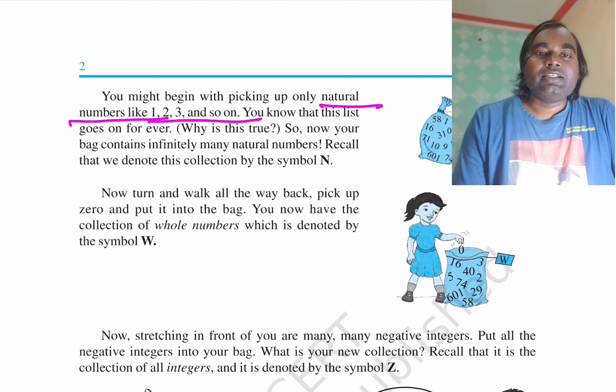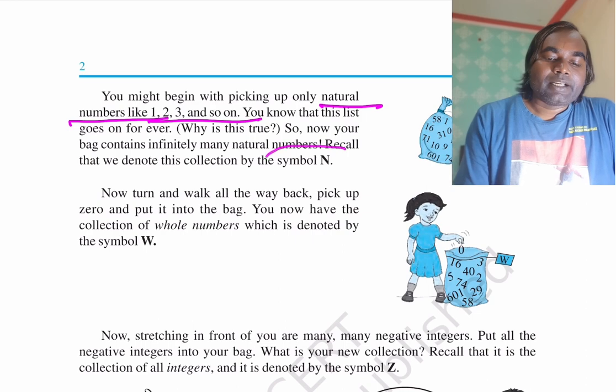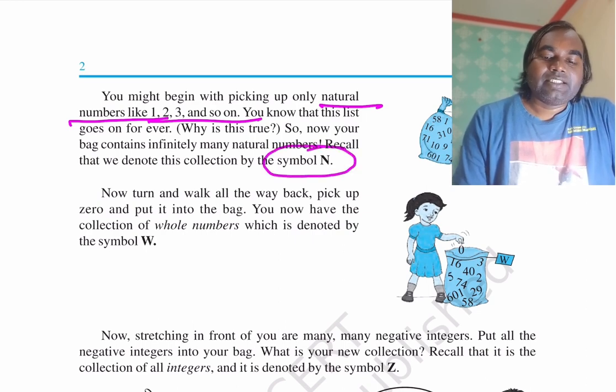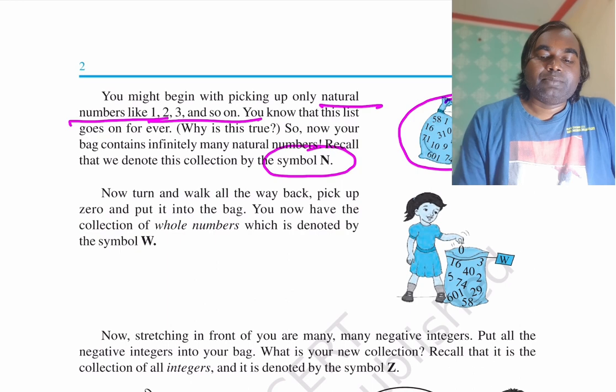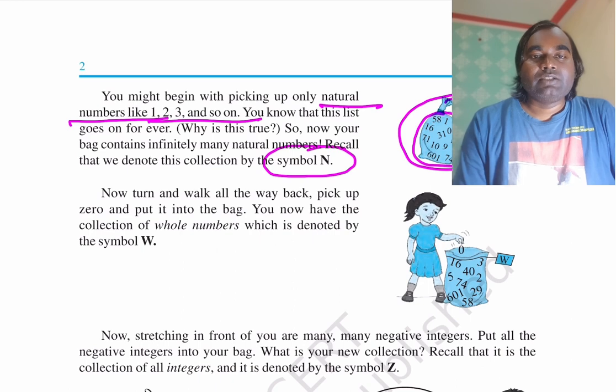These numbers are called natural numbers, and we denote them by the symbol capital N. You can see here in this bag, denoted by capital N, the numbers 1, 2, 3, from 1 to infinity. I hope you understand what a natural number is.